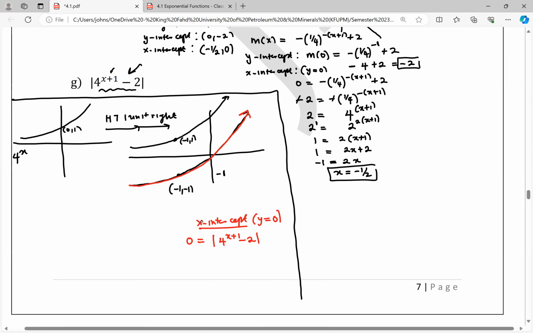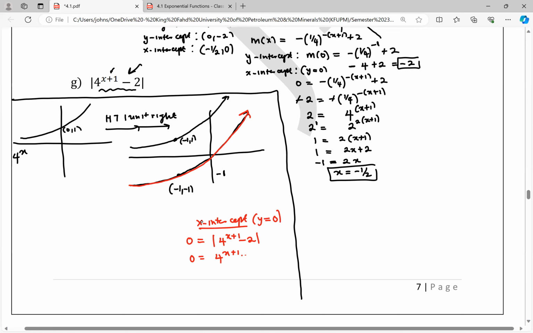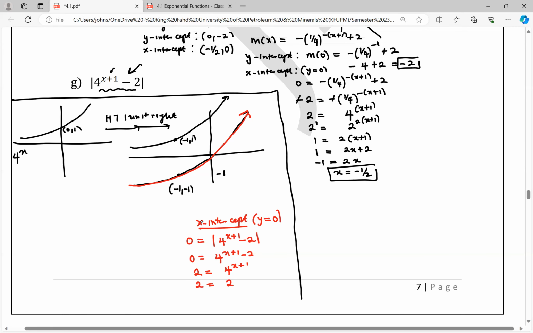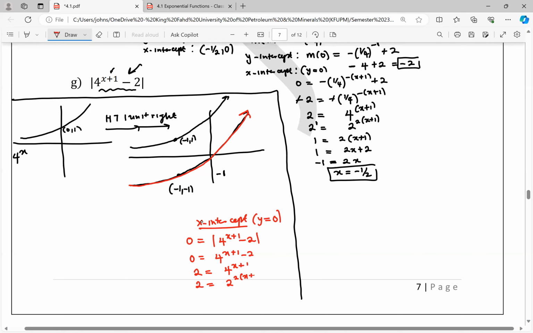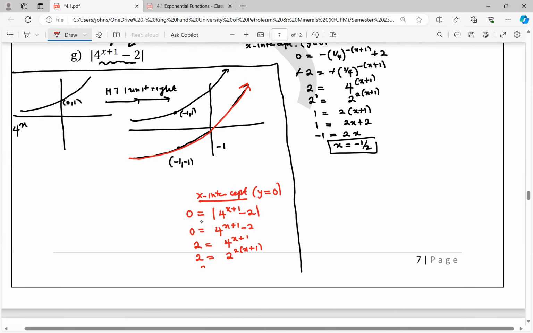So what does this mean? It means that you can remove the absolute value. So 0 is just 4 to the power x plus 1 minus 2. So it means that 2 is equals to 4 to the power x plus 1. You can write this as 2 to the power 2 bracket x plus 1, so you have the same base now.